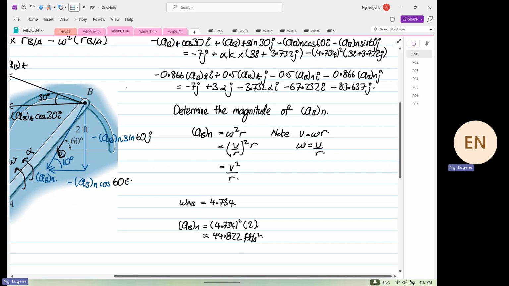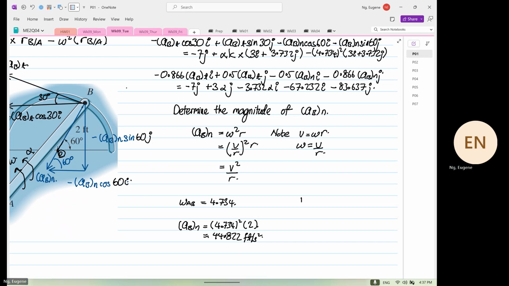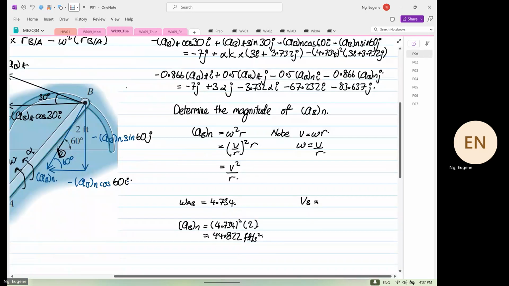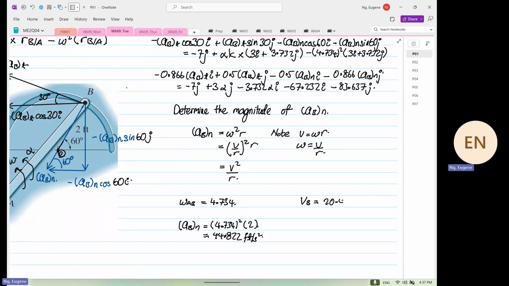However, we did calculate our VB, which, if you look at our notes yesterday, is 20.4 feet per second, and omega is in radians per second.